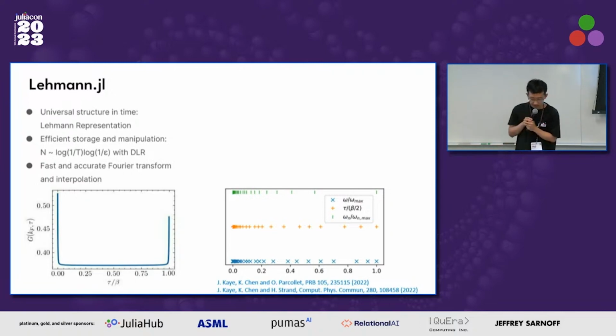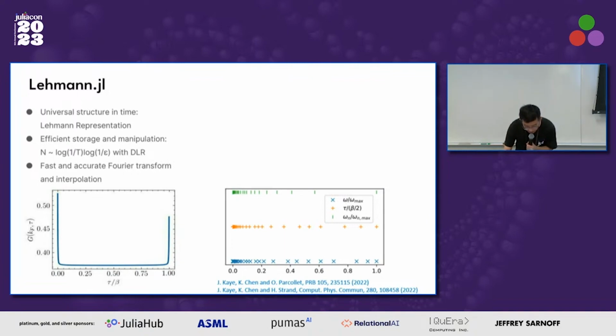For a given temperature T and epsilon, the number of grid points required scales as log 1 over T times log 1 over epsilon, which is typically just hundreds of points when you have very low temperature at 10 to minus 4 Fermi temperature and very high accuracy at 10 to minus 10.